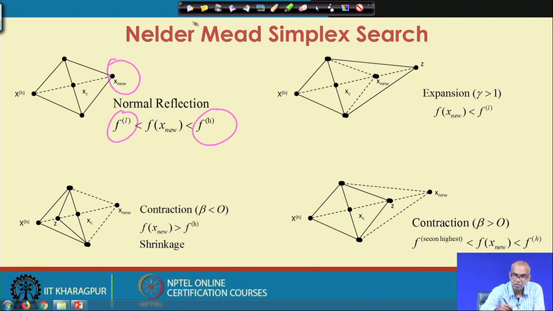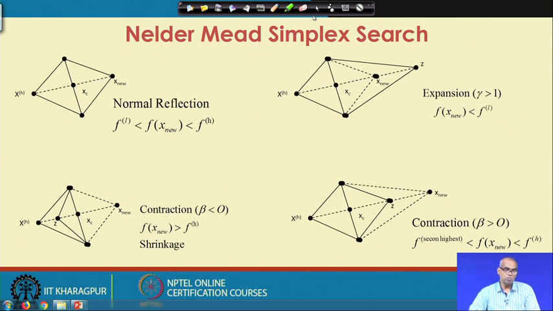We can expect at least that at x nu, the newly reflected point will have function value lower than the function value of the worst point x h. So, this is normal or regular reflection, and this is what we have seen in case of regular sequential simplex search that we have discussed in previous lecture.